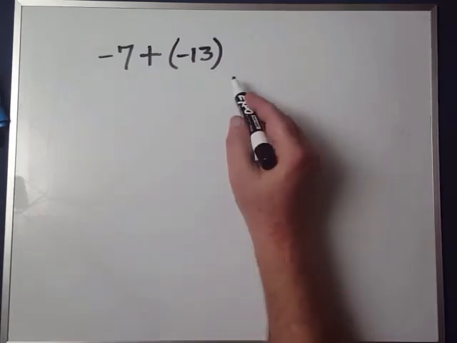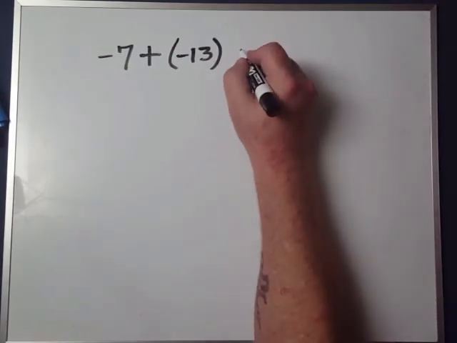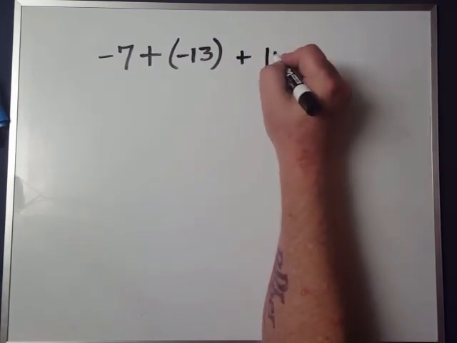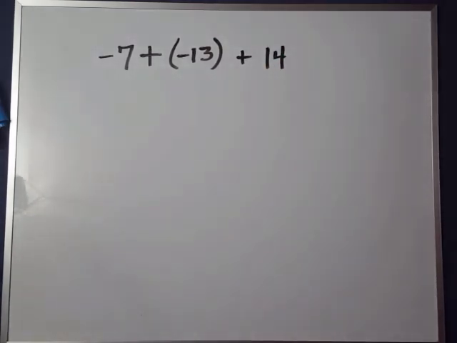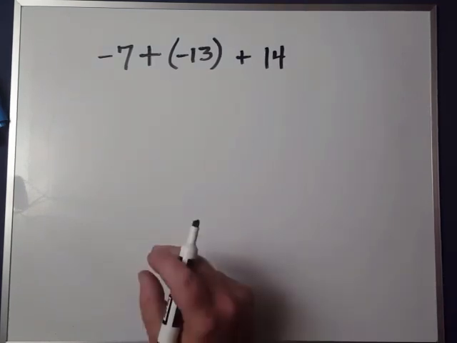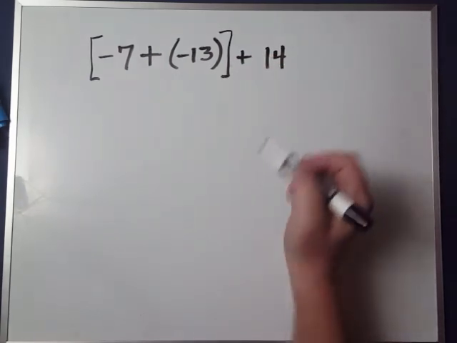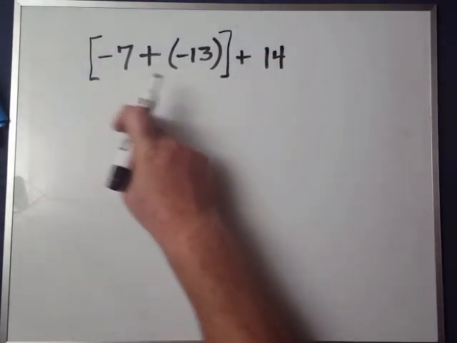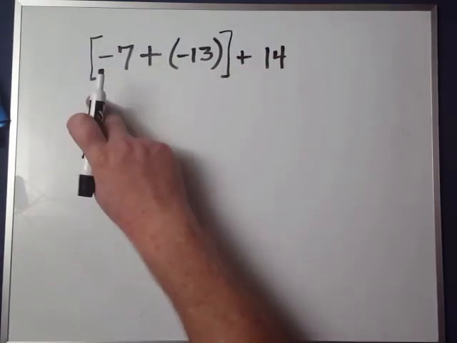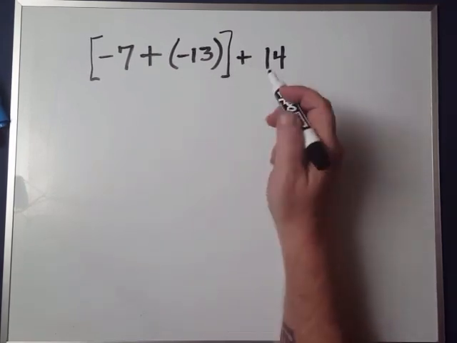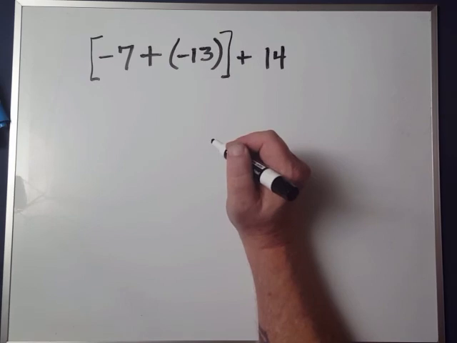So whatever that is, to that we're going to add that 14. Strictly speaking, I would expect to see grouping symbols here, because I'm taking this sum, I want to force that to be done first, and I'm increasing whatever that result is by an additional 14.